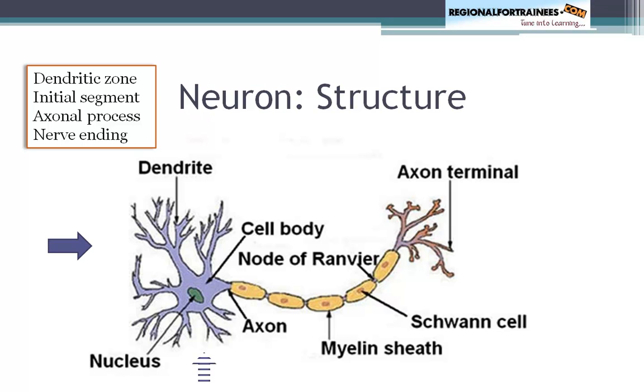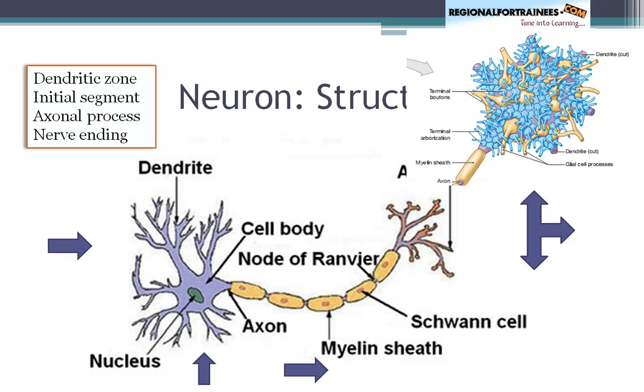And this can be seen here. And the various button-like nerve endings may be hundreds of small arborizations, which then subsequently converge upon the cell body of another neuron, as can be seen in the shown diagram.